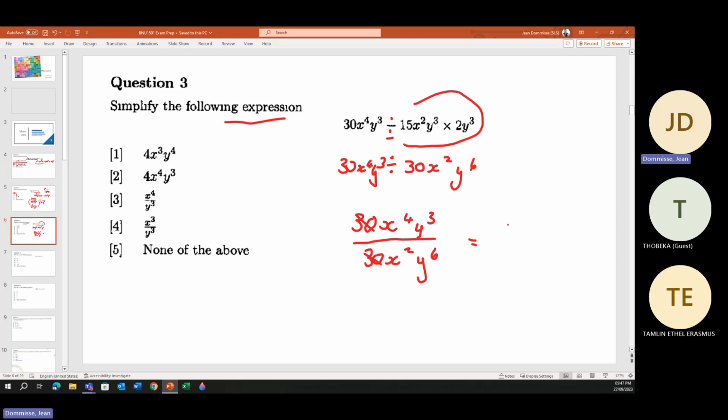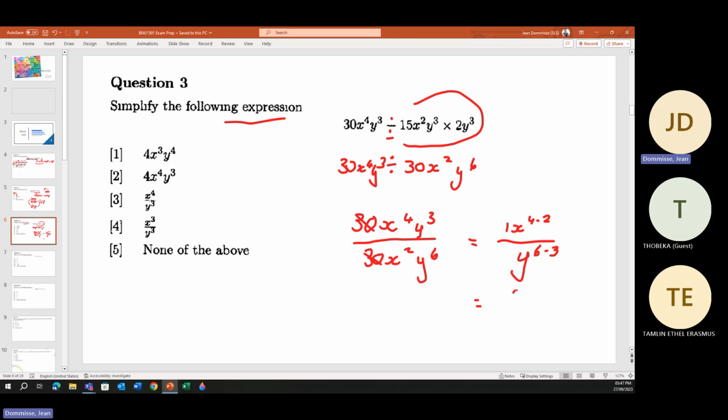So for now, let's say above the line, x to the power of 4. If we want to bring that to the top, we can say minus 2. And at the bottom, we rather bring that down, because then we can say 6 minus 3.